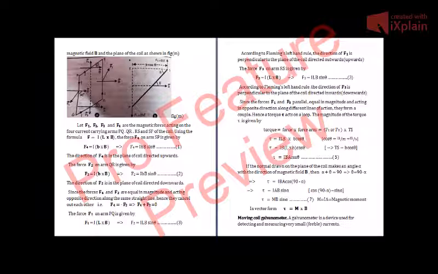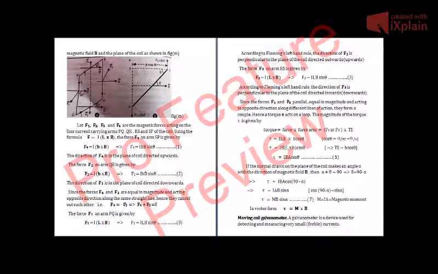So F1 and F3 will constitute a couple, and when a couple acts on something, a torque acts on that thing. Two equal, opposite and parallel forces constitute a couple. So here a couple is acting on the coil, therefore a torque tau is acting on the loop.